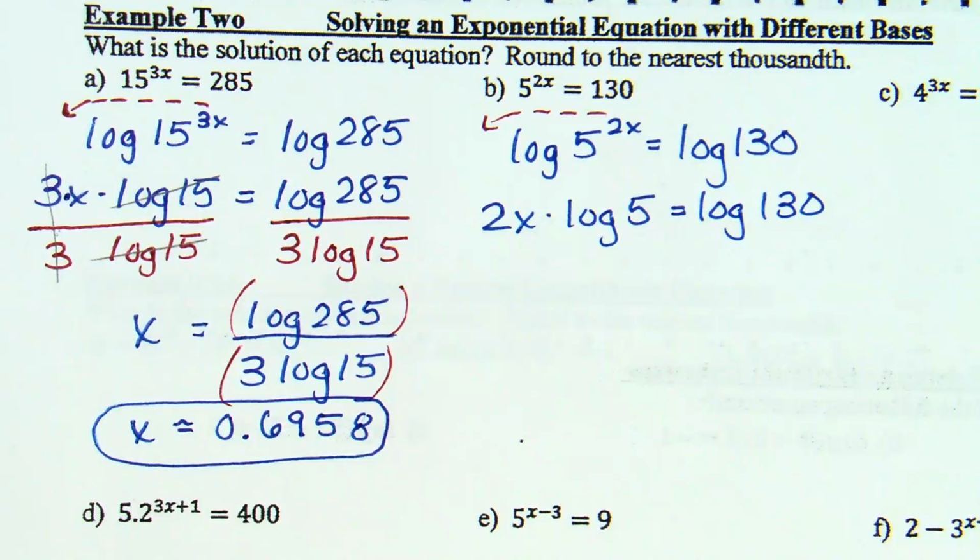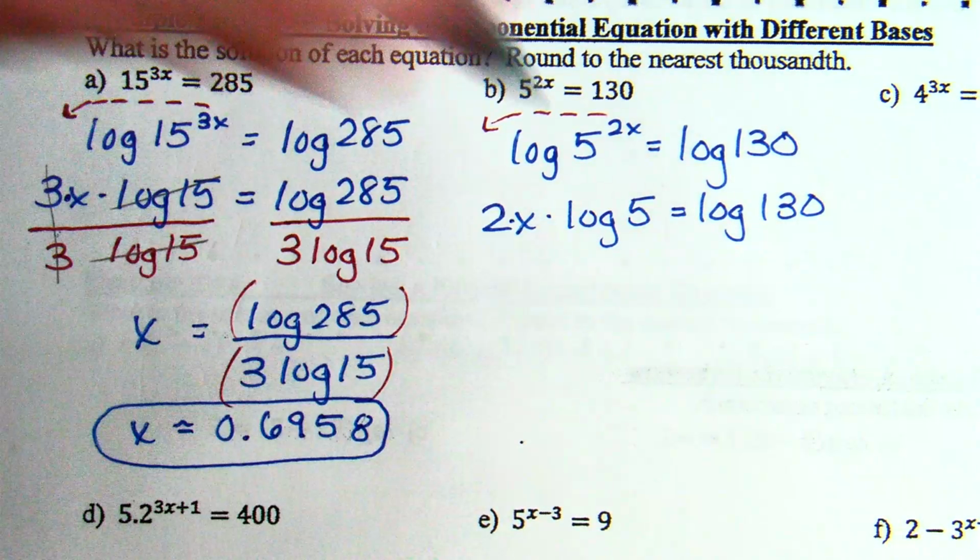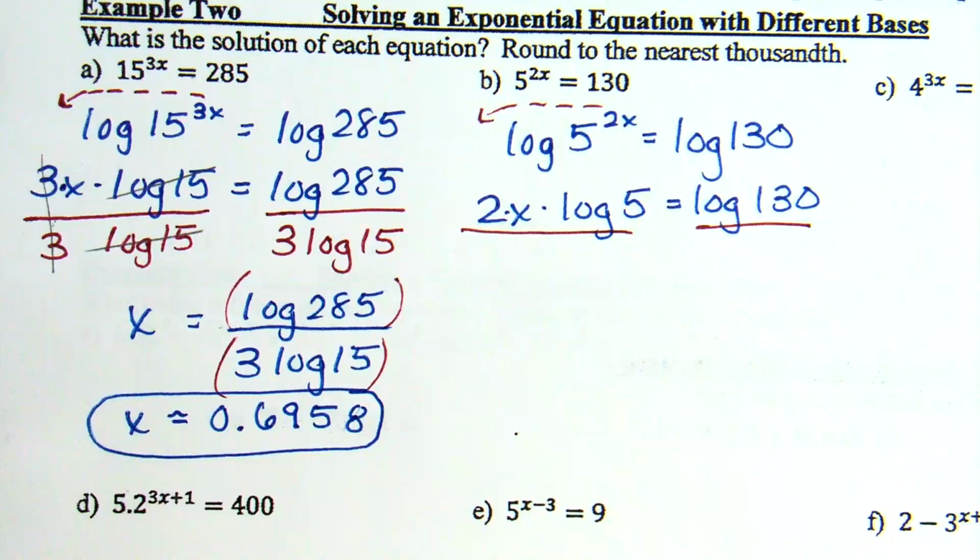How do I solve for x and get x by itself? Yeah, divide everybody away from x. So since this is 2 times x times log 5, we have to divide the 2 away, and we have to divide the log 5 away.